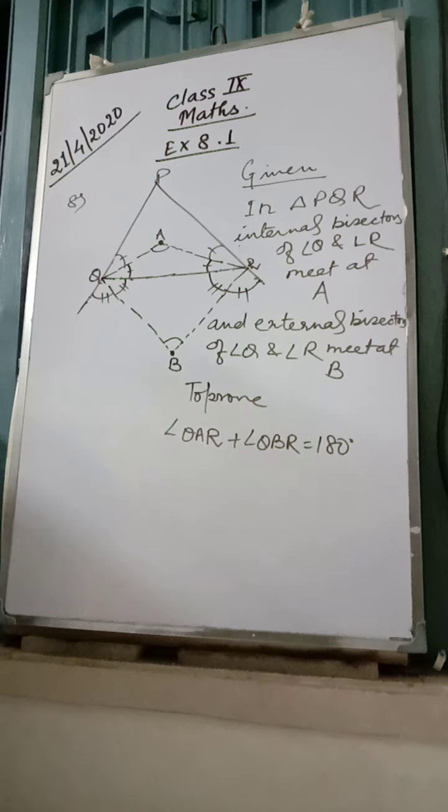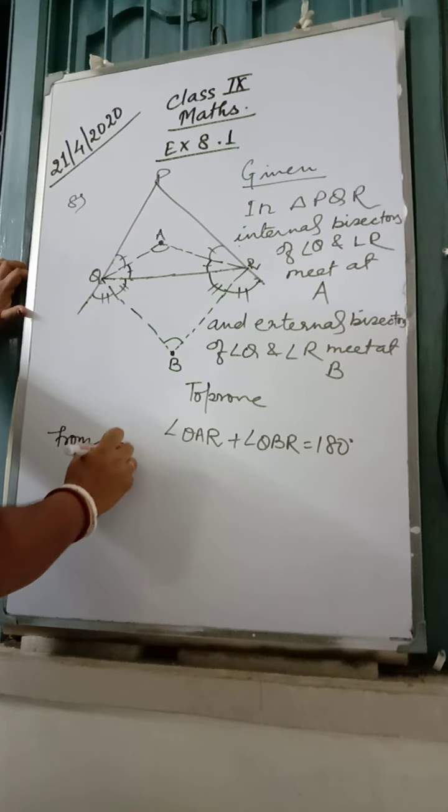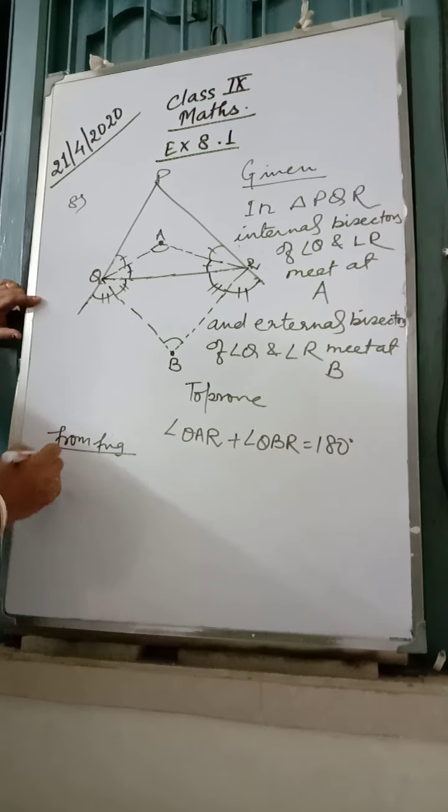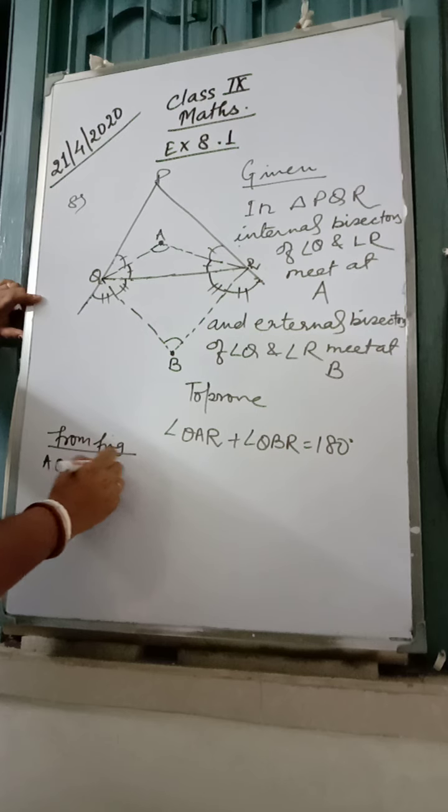Now what do we know? From figure we can see AQBR is a quadrilateral.